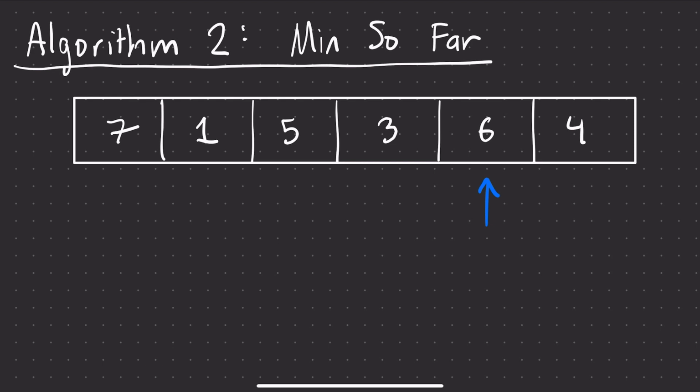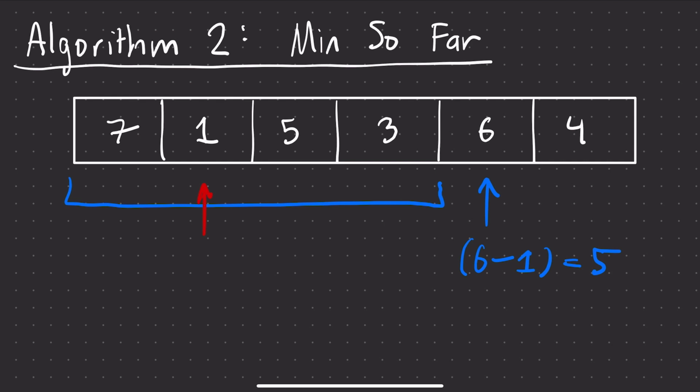So what are the possible times that we can buy? We can buy at any of these times. And what's the best time to buy? The best time to buy is just the lowest price, right? So the best would be the value 1. And this would have a profit of 6 minus 1, which is 5, right?